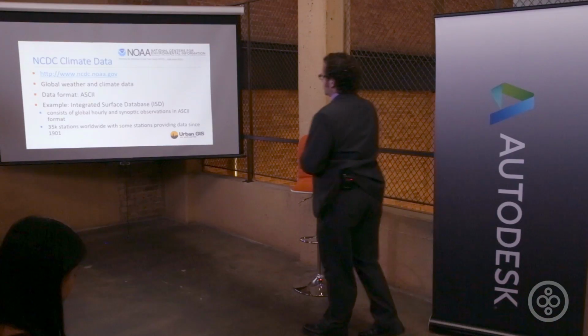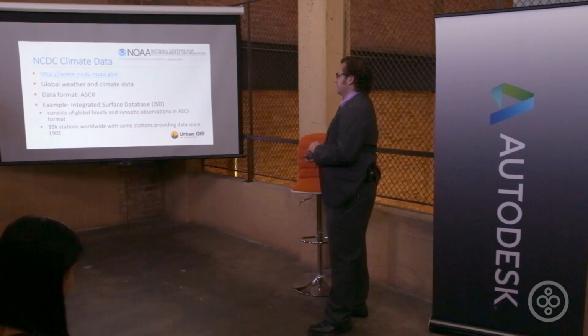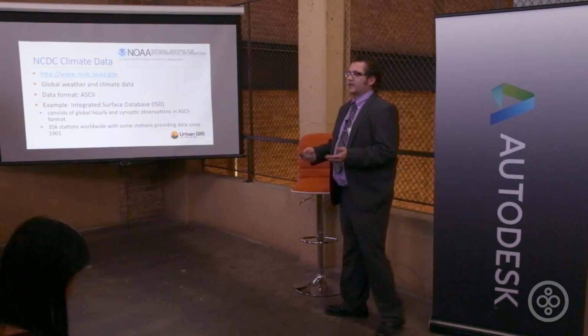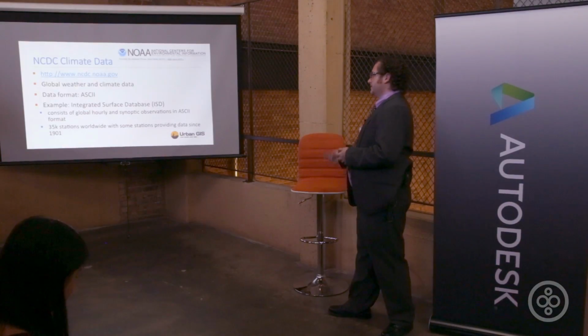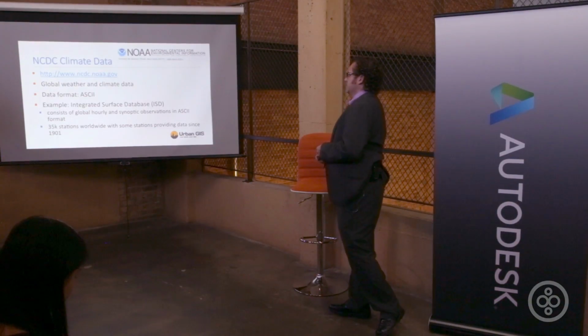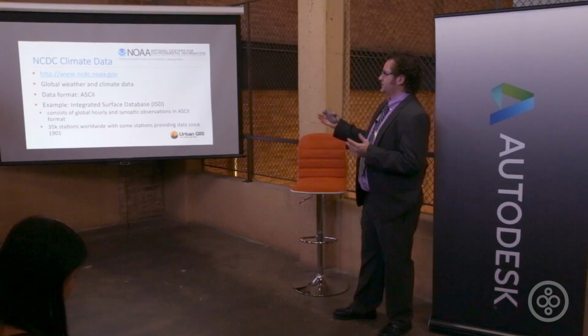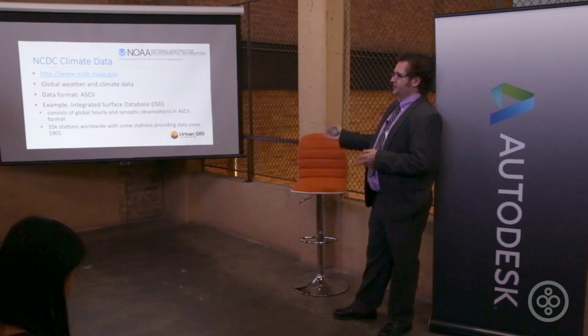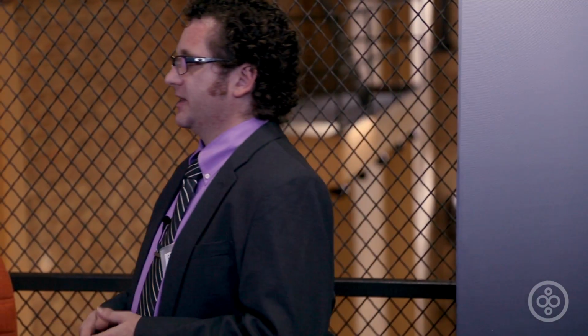But there's this huge wealth of information there. It's very difficult to process when you have that volume of data, but depending on what kind of information you're looking for, this could be a good resource. The integrated surface data set, which is just the hourly temperature data, is just one of many products that they make available here.